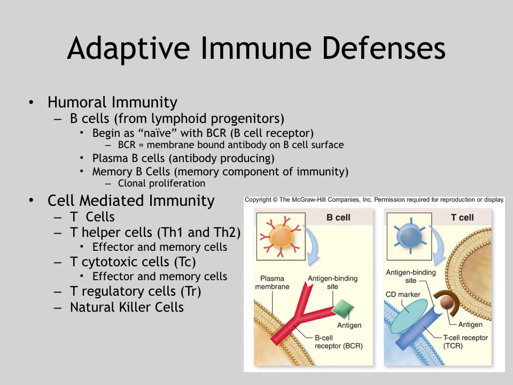There are also some T regulatory cells, or T sub Rs, and those T cells are responsible for regulating T cell activated pathways, turning things on and turning things off. We have also natural killer cells, and natural killer cells play a role in something called antibody dependent cellular cytotoxicity. We will talk more about the ADCC system in a couple of slides.